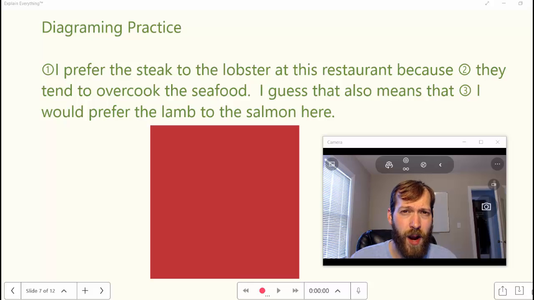So if you keep in mind that those arrows that are coming down, the arrow is trying to communicate, hey, this statement up here, since it is true, you're supposed to believe this statement down here to be true.